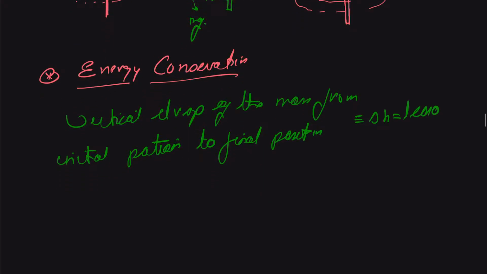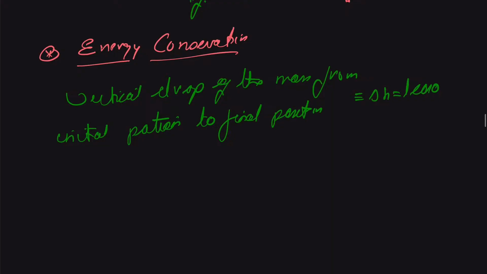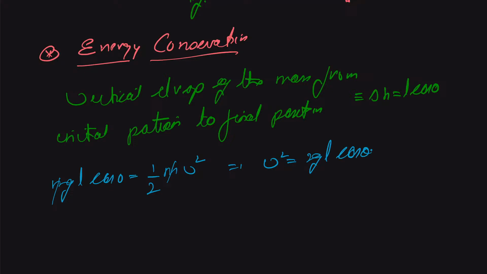And so by energy conservation, we can write that mgL cos theta will be equal to the kinetic energy, half mv square. Mass cancels out, so we get v square is equal to 2gL cos theta.